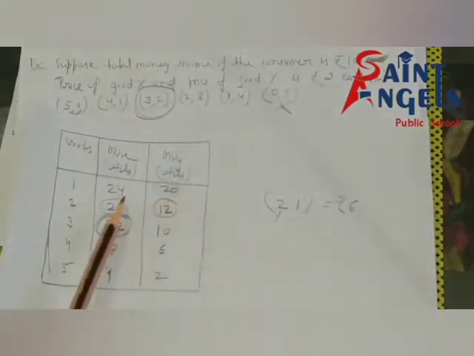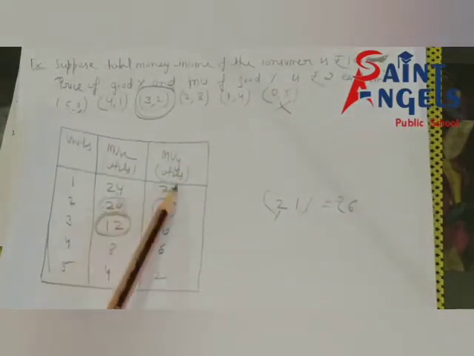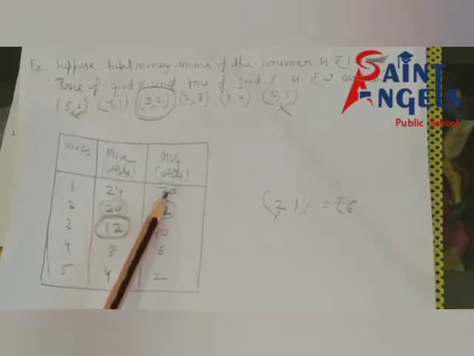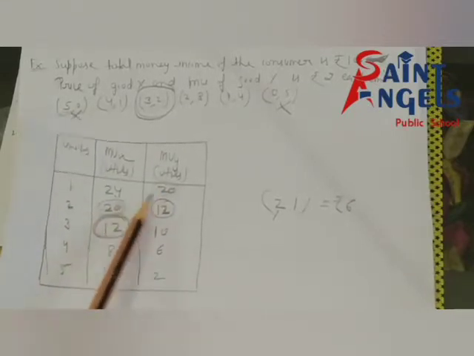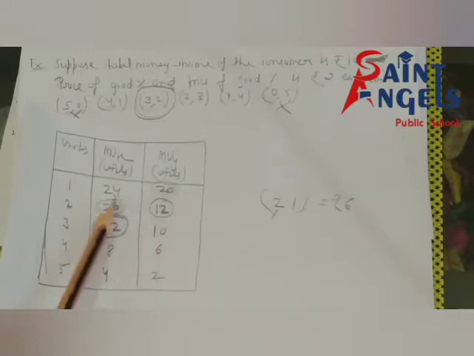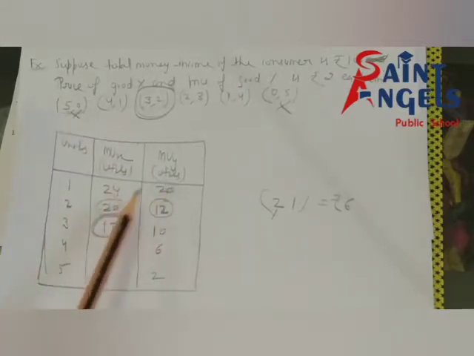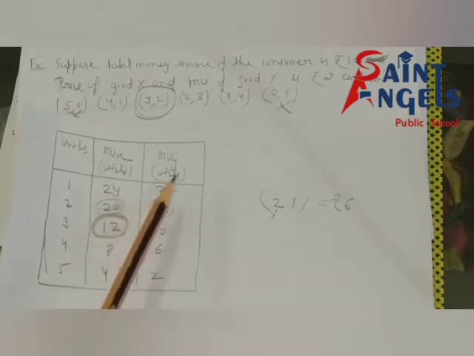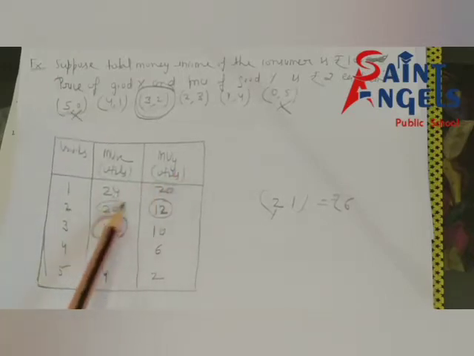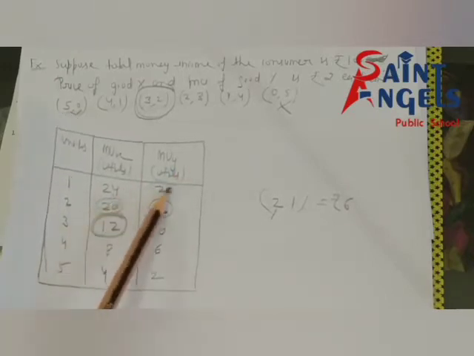But see, according to this value, these values 20 and 20 are the same, so there may be equilibrium. But always remember these combinations are showing that I'm not spending the entire money.